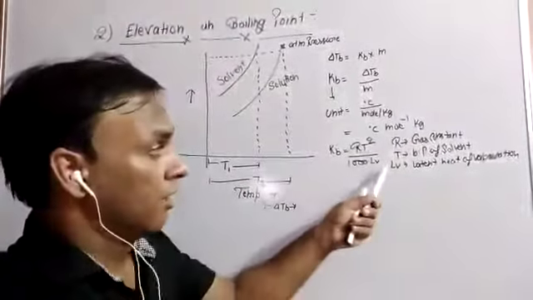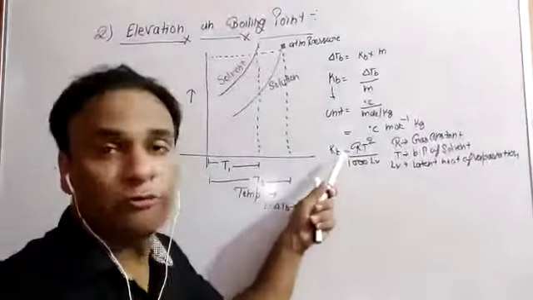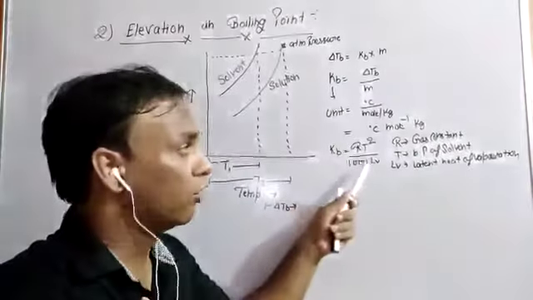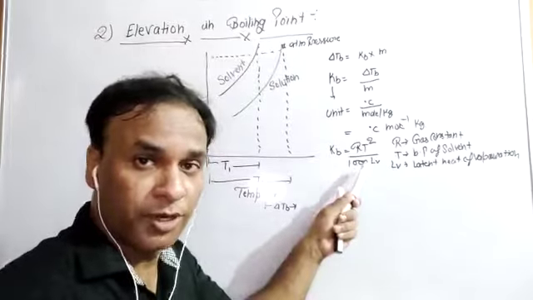Clear? LV, latent heat of vaporization. The value of R depends on the latent heat of vaporization. Got it? Clear?